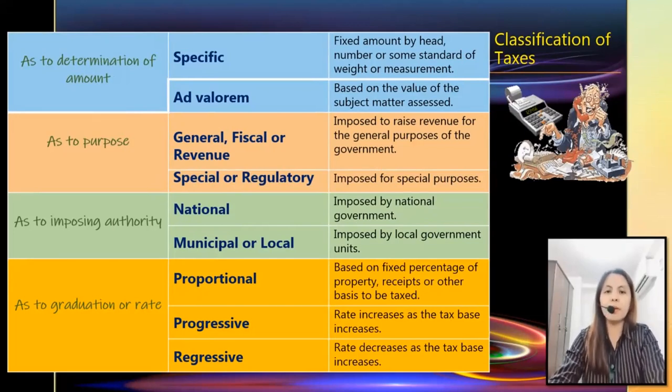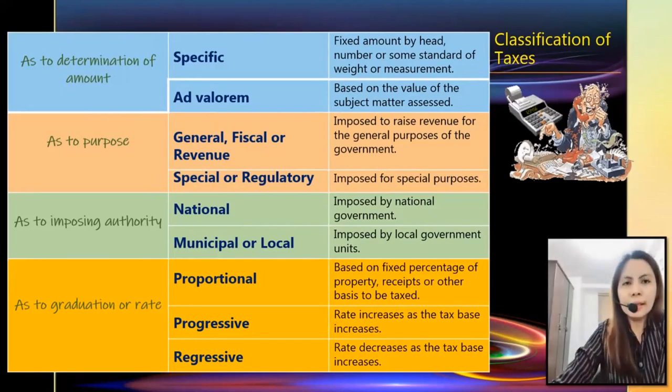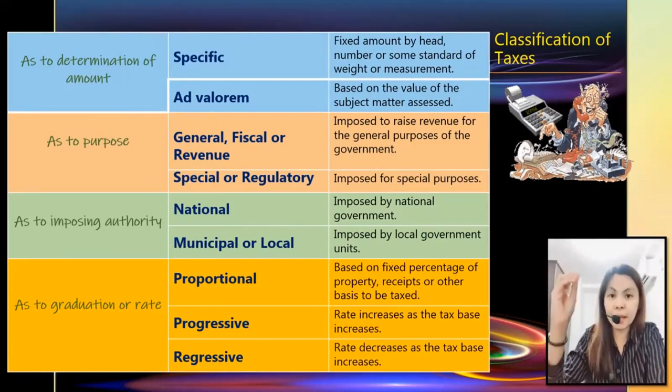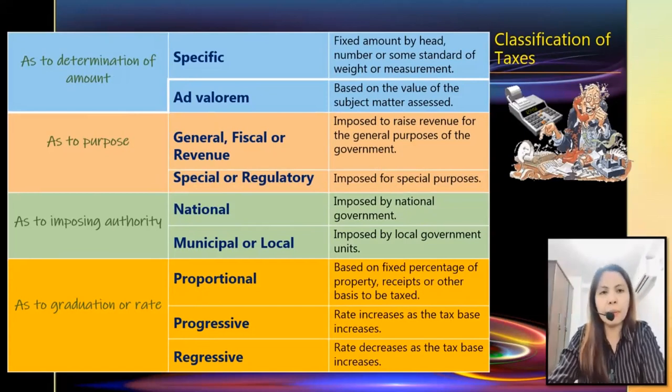As to purpose, a tax may either be general, fiscal, or revenue, or special or regulatory. This is the secondary purpose of taxation. As the term itself suggests, general, fiscal, or revenue tax is imposed to raise revenue for the general purposes of the government.